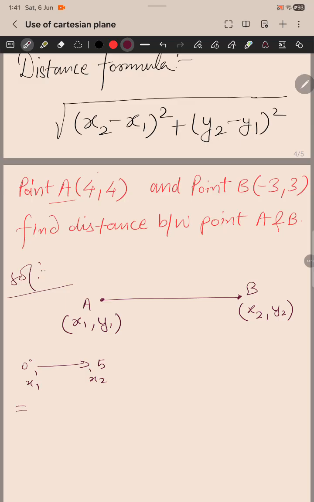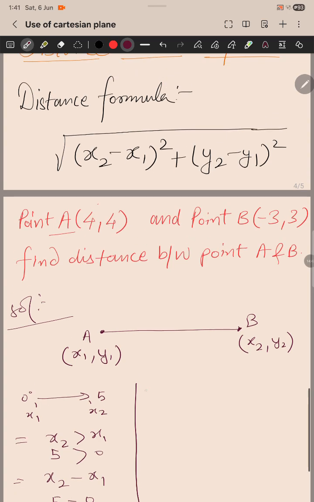For your x2 should always be greater than x1. x1 is 0, x2 is 5. So what should the distance be? x2 minus x1. So 5 minus 0 equals 5. As per your question, you will write the unit here. Okay, so what is the formula?